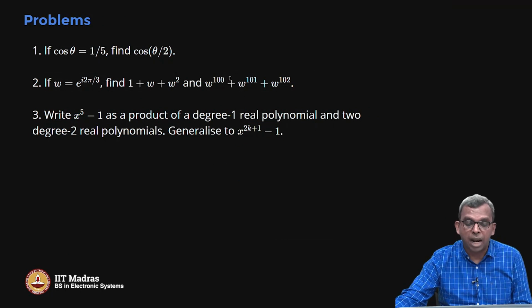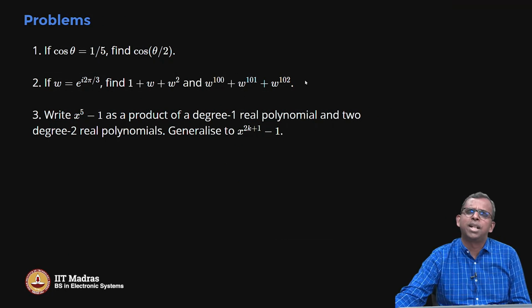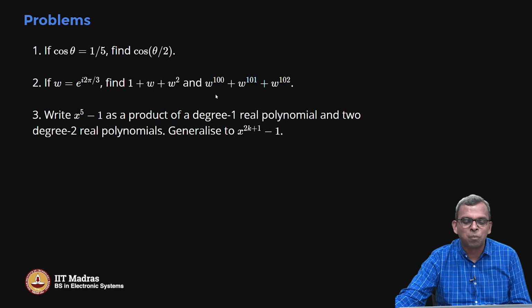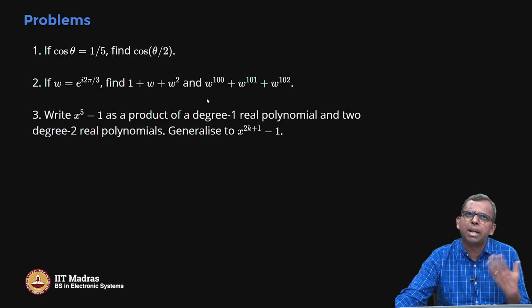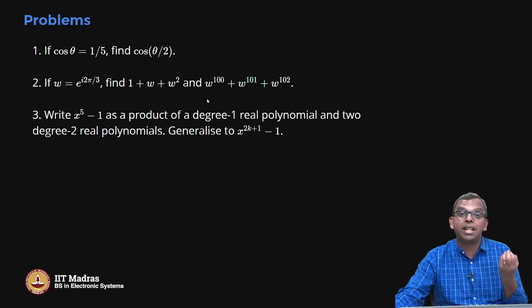Now, what about w power 100 plus w power 101 plus w power 102? It sounds very fancy, but this is actually the same as this. Okay. You may not believe me, but check why. Because omega power 3 is 1. So, if omega power 3 is 1, omega power 100 is actually omega power 99 into omega power 1. So, what is omega power 99? 99 is 3 into 33, right.